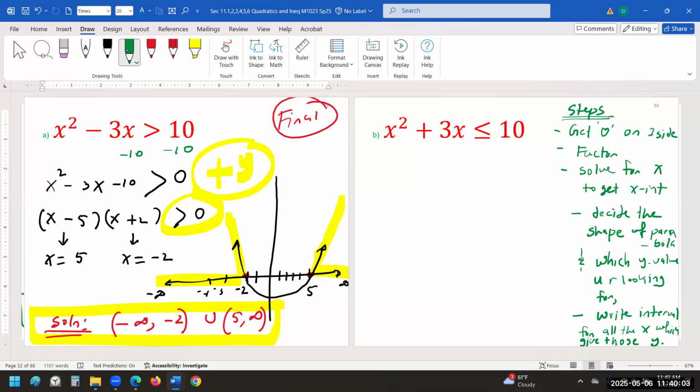Okay. So in the exam, I'm going to ask you this type here. That exact question. Not the exact question, the format.